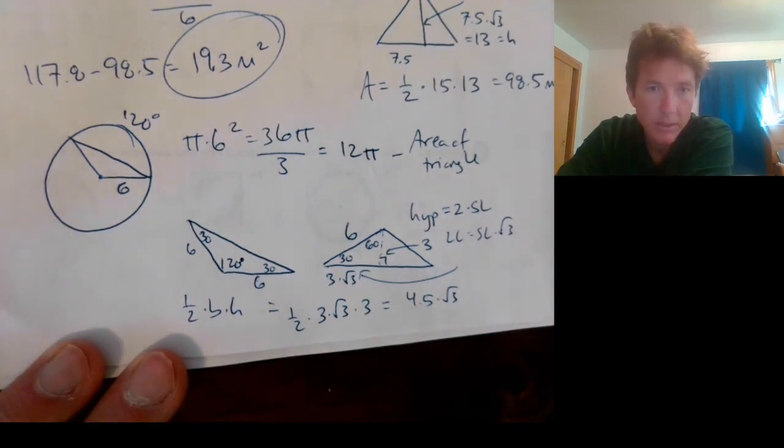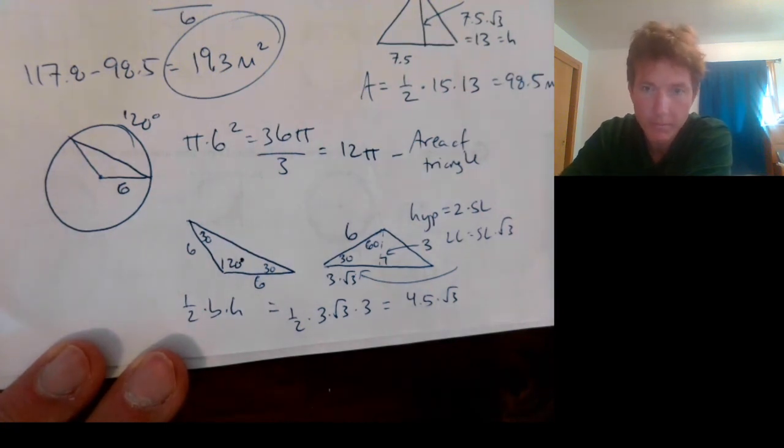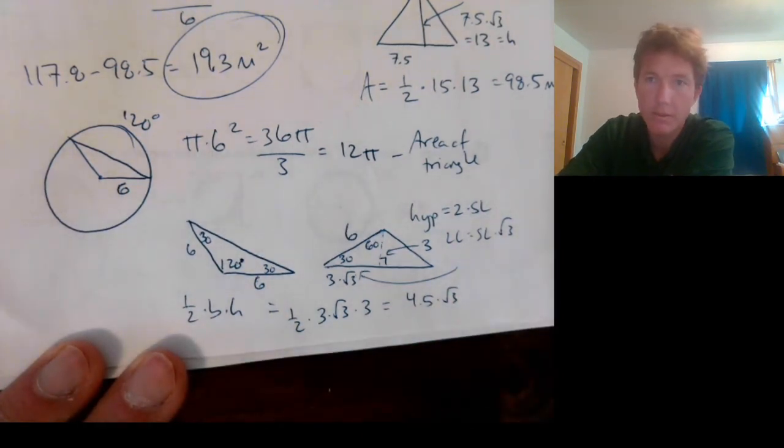And let's put that in the calculator. I'm going to get the approximation of root 3 to make this easy. It's about 1.73. So 4.5 times 1.73 is equal to 7.785.